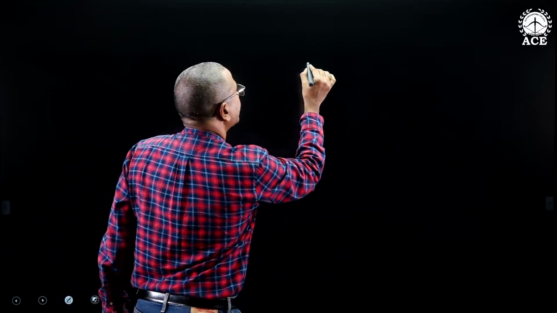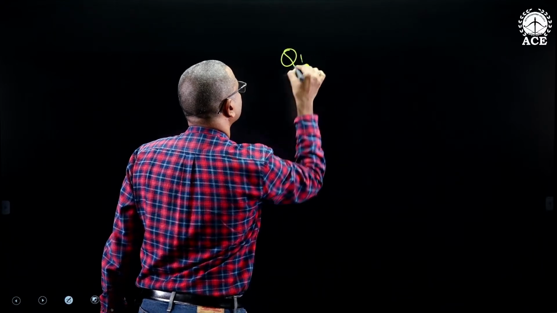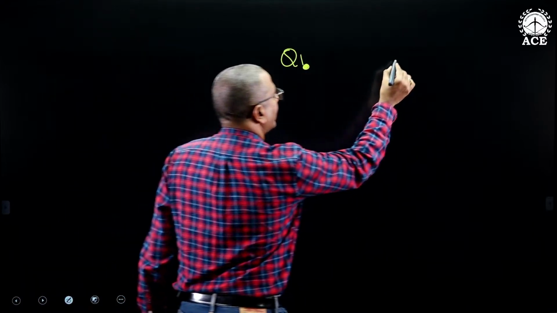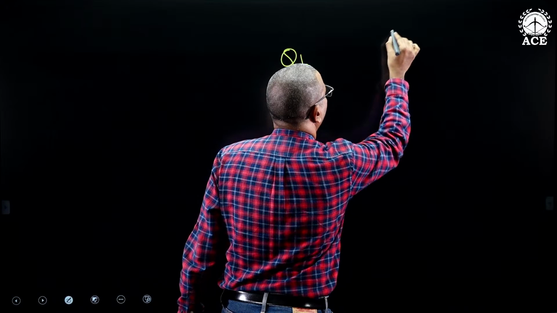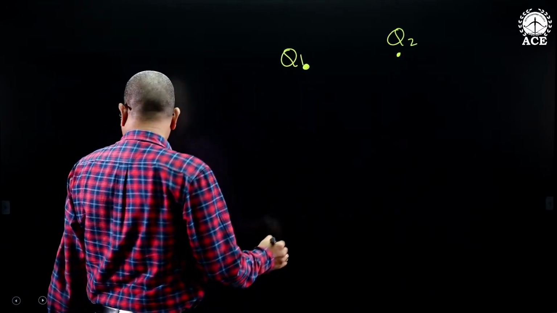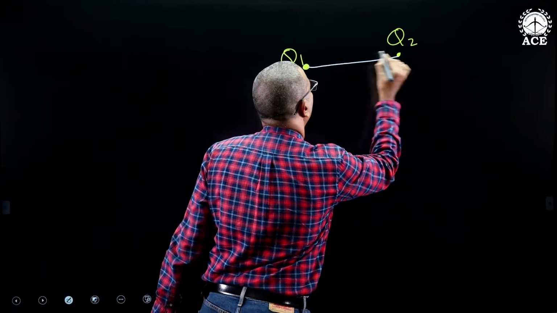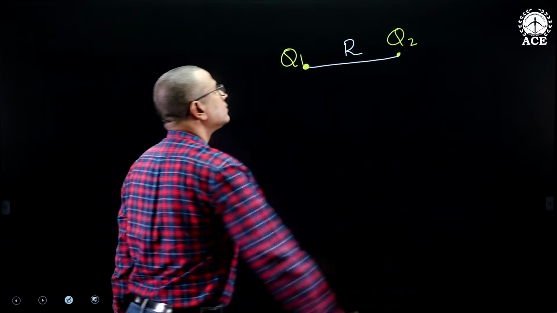So we have two objects. Let us take this as object 1, which contains a charge q1. We have another object which contains a charge q2. The separation between them, or spacing between them, is r, we can say.